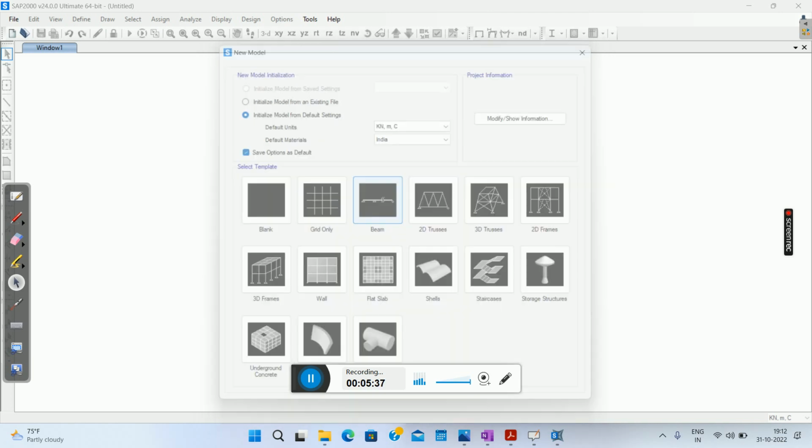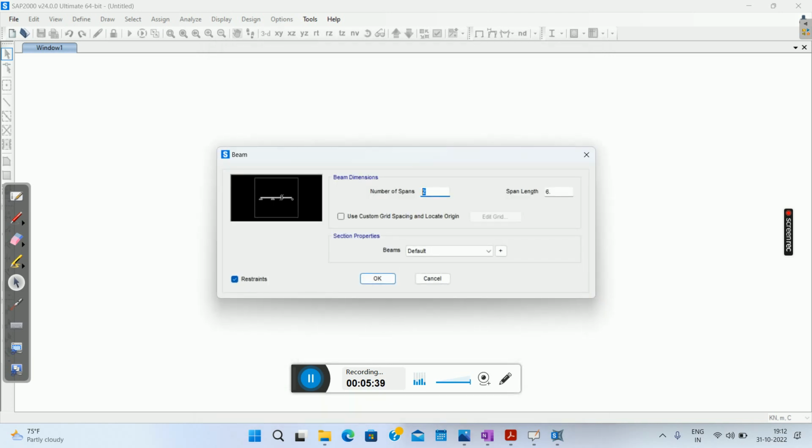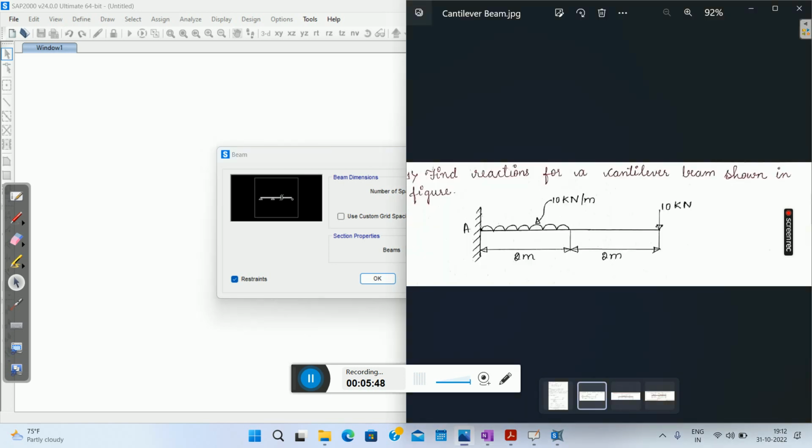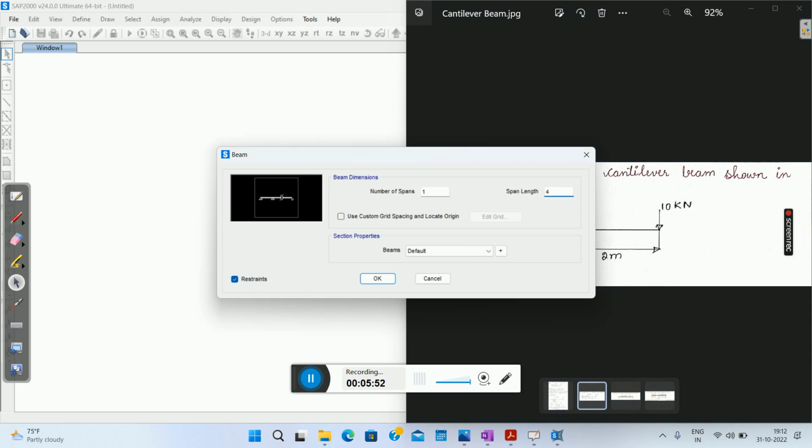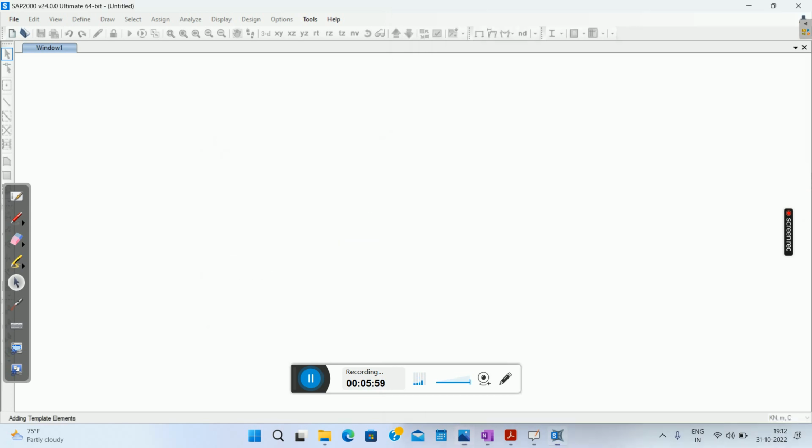Then select beam. So number of span 1. Here length of the beam is 4 meter. So total length of the beam, it is 2 plus 2, 4 meters. Okay. So remove the restraints. So please uncheck this box. Okay.